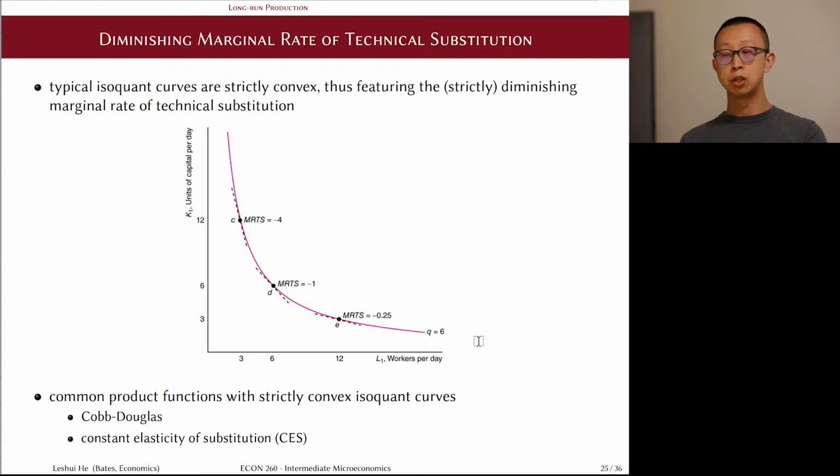Similarly, going the other way, as we increase the amount of capital we use, the amount of labor it can replace becomes less and less. Overall, our model of the production function is very similar to the utility function. So, except for the interpretation, all the mathematical structures translate very well to isoquants.